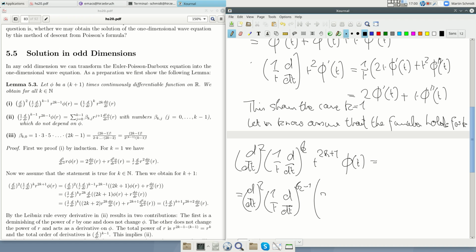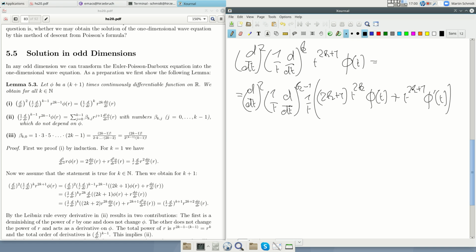And now what we have is 2k plus 1 times r to the power of 2k times phi of r by the Leibniz rule, and 1 over r we have still missing from this, plus r to the 2k plus 1 phi prime of r by the Leibniz rule.